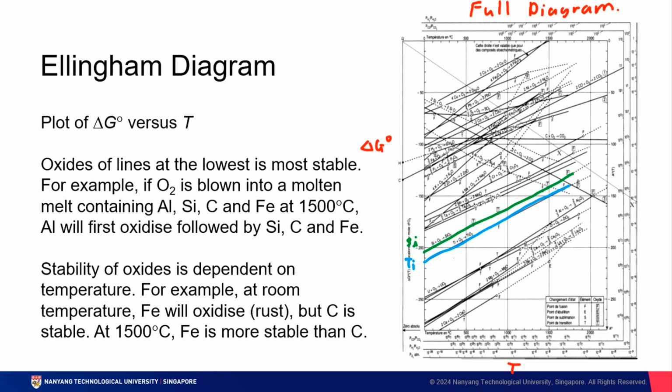One of the most classic examples of how this principle is used is the example of a melt containing aluminum, which is somewhere over here. Silicon, carbon, which is this flat line over here, and iron, which is this line over here.